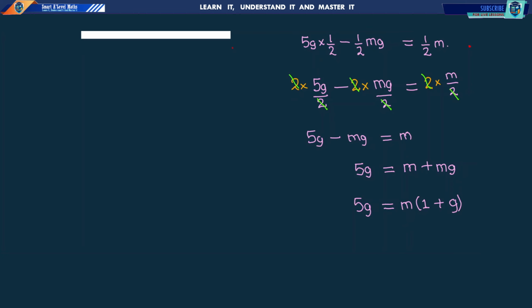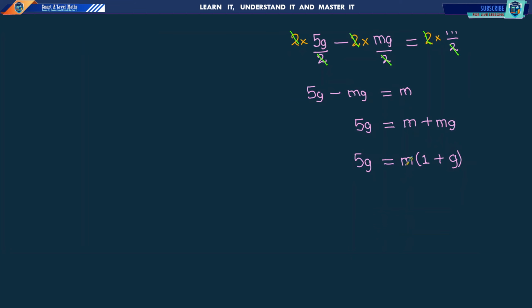Now our main interest is to get only m, so I can go ahead and swap this first before dividing, having m into 1 plus g on the left hand side. This must give me 5g over 1 plus g, and this 1 plus g is as a result of us dividing both sides to get our m.